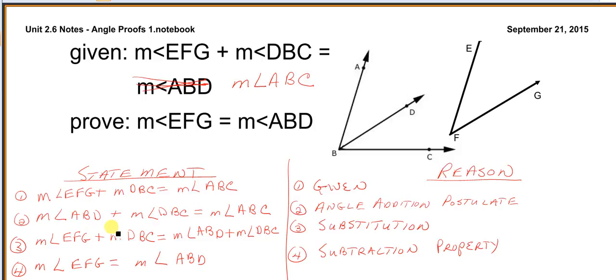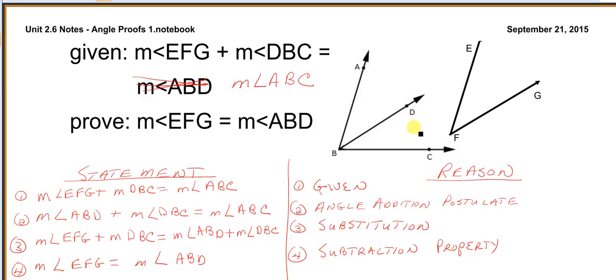Then, by the angle addition postulate, I could say angle ABD plus the measure of angle DBC is equal to the measure of this big angle right here, the measure of angle ABC.